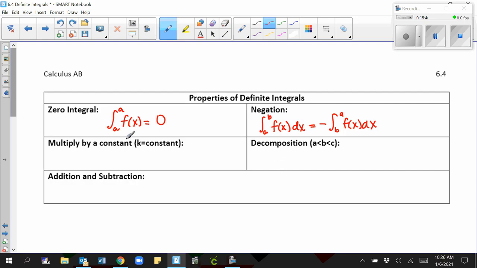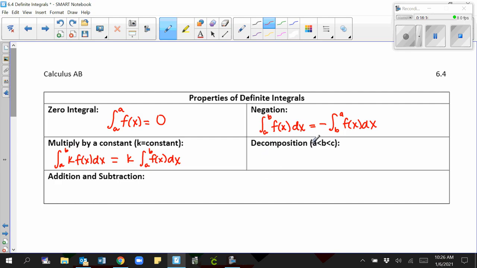Our next one says multiply by a constant. So if I have the integral from a to b of k f of x dx, I can take the constant out and then take my integral. The next one is decomposition.